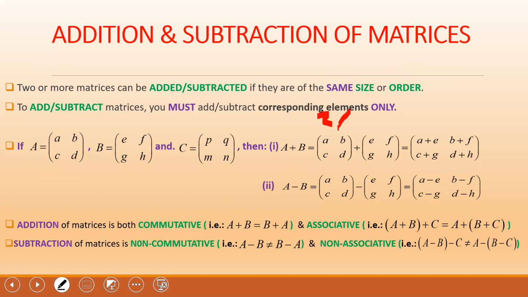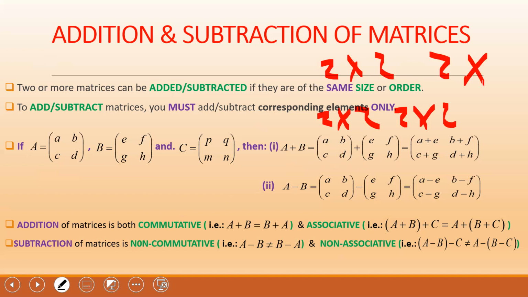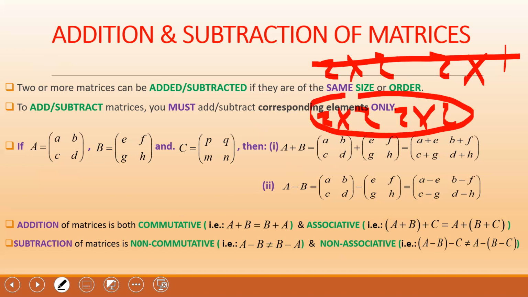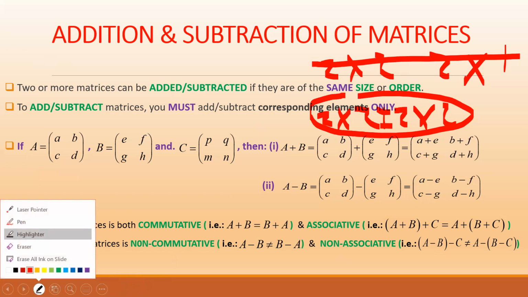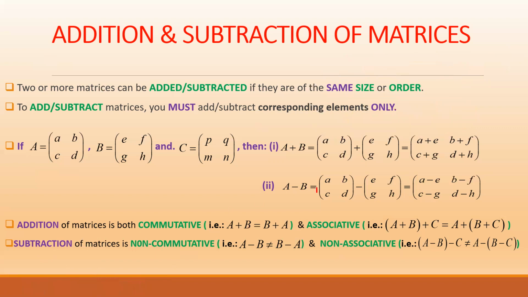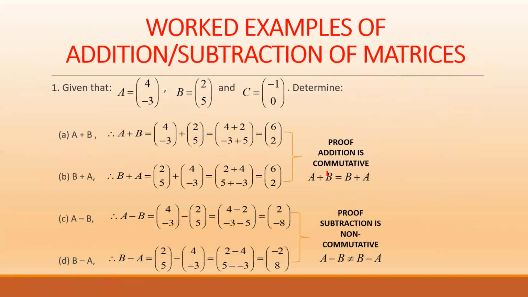So a 2 by 2 can be added to another 2 by 2, okay? We cannot add a 2 by 2 with a 2 by 1 or a 2 by 3, right? These would be a no-no, right? However, these can work because they are of the same size or order, so we can add or subtract them, right? And having established that, you then move ahead to add or subtract the corresponding elements now. Okay, guys? So let us move to some worked examples now, where we have numbers.